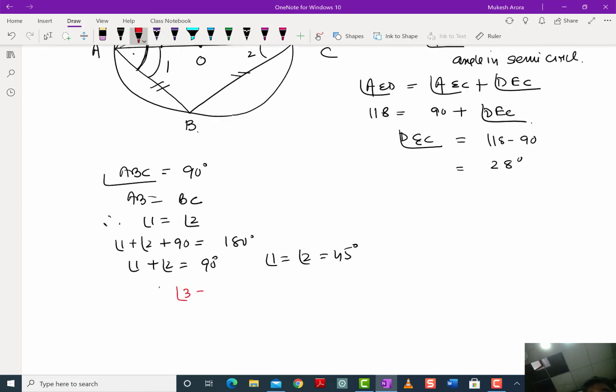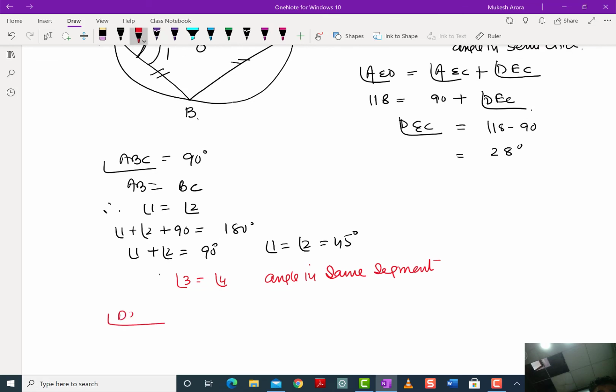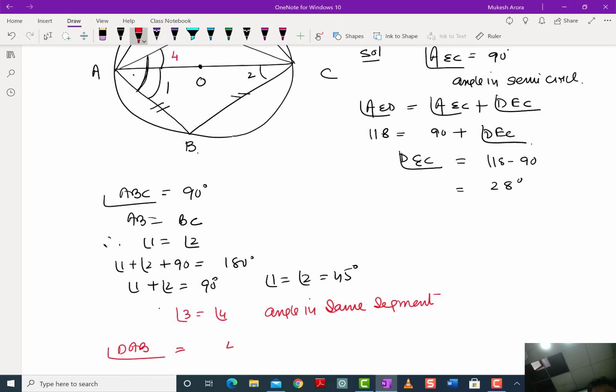Angle 3 is equal to angle 4, angles in same segment. And angle DAB is equal to angle 4 plus angle 1. Angle 4 is equal to 28, plus 45 is equal to 73.